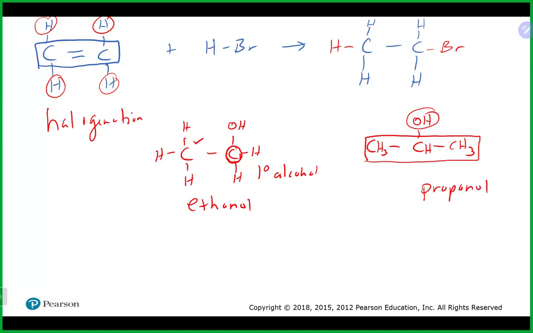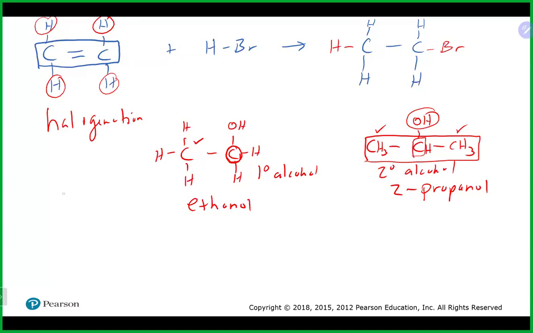The OH is at carbon number 2. That is 2-propanol. What type of alcohol is that, by the way? The carbon here is directly attached to how many carbons? 2. One there and one there. This is a secondary alcohol. By the way, that is 2-propanol, also known as isopropyl alcohol, also known as rubbing alcohol. So they're all the same deal here.